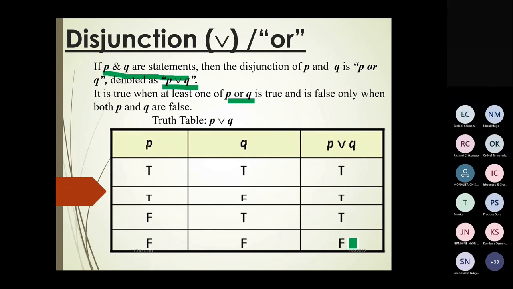Is false. For the disjunction, or the OR operation, for it to be easy for you, just take it as we have got two conditions. When we say that if one of them is true, then we can do this.